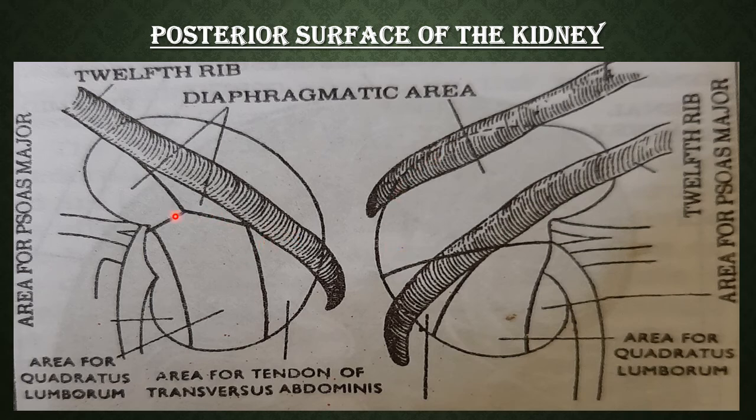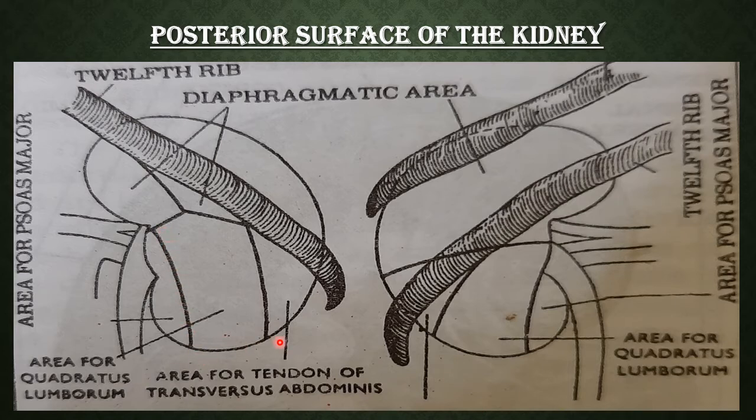Then this lower half of the kidney, again at the medial border over the posterior surface, is related to the psoas major muscle.